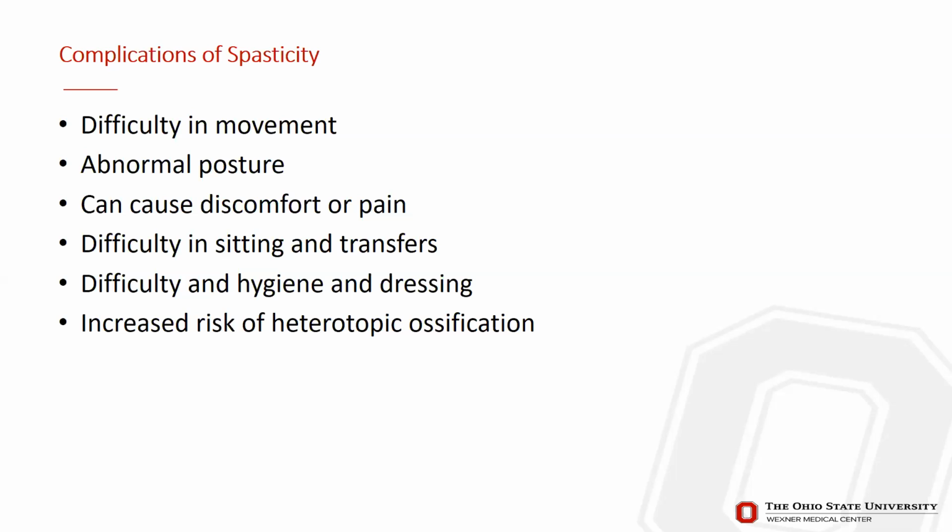There's an increased risk for heterotopic ossification. For those that don't know what that is, heterotopic ossification is extra bone formation over a joint. Typically it happens with traumatic injuries. We just don't know why it happens, but we do know it's from immobility. So if someone has spasticity that's making them immobile, there's a potential that that bone could be forming there.